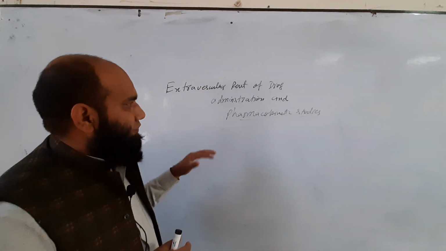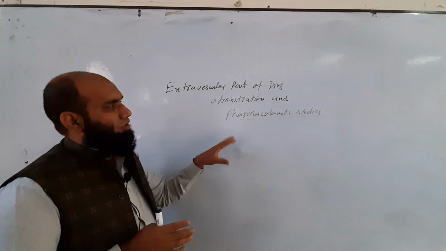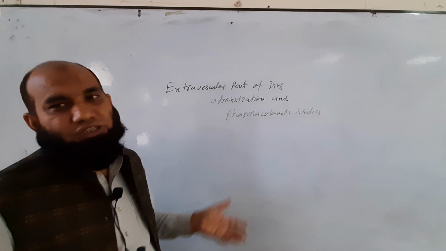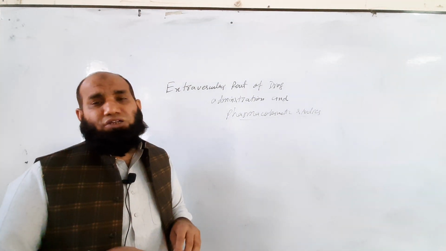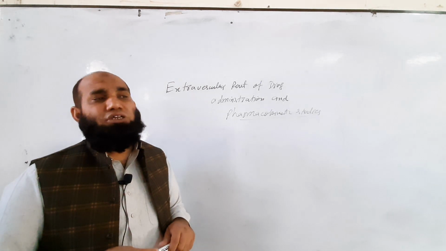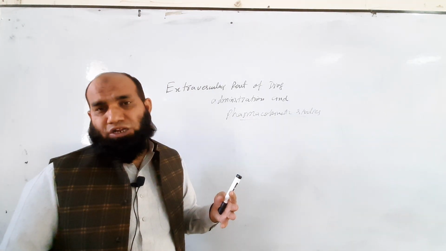In the case of the oral dosage form, we have to calculate some pharmacokinetic approaches just like the IV injections. We will also assume the same conditions in the scenario of oral absorption, oral tablets.